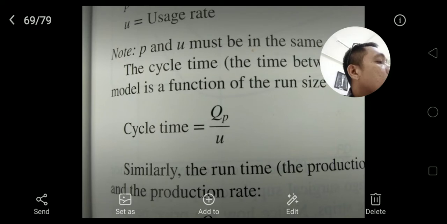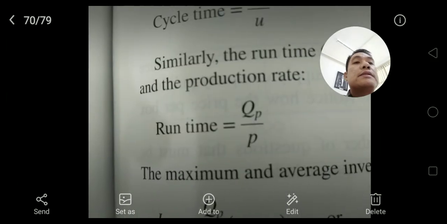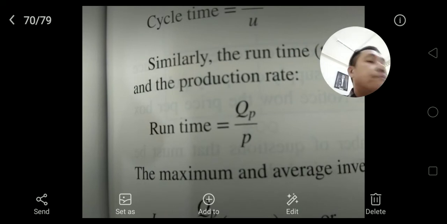Now, another variable that I might ask you to compute is cycle time. Let's define first what cycle time is. Cycle time is the time between setups and consecutive runs for the economic run size model. So, cycle time has the formula of QP divided by U. Okay? Cycle time. Lead time yan. Next is run time.